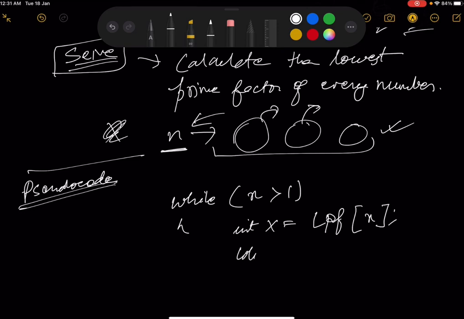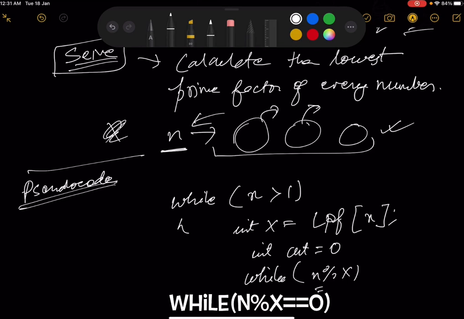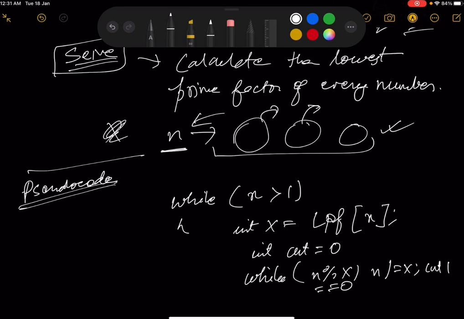You will also have a variable count, which will initially be equal to 0. While n is divisible by x, the lowest prime factor, you simply divide n by x and increment your count.